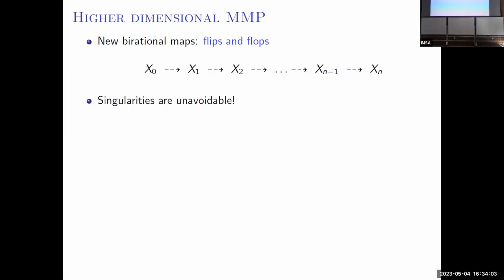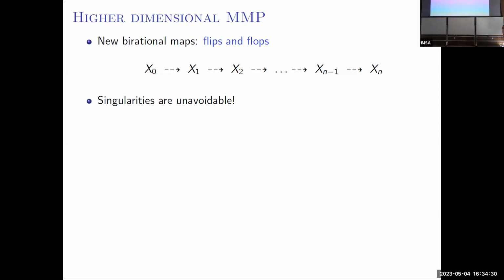So this is one first difficulty that appears. And another one is that singularities are unavoidable. So even if you are only interested in finding minimal models for smooth varieties, there is no way that you can achieve this in the realm of smooth varieties. So you have to allow for singular varieties. And this was understood very early.